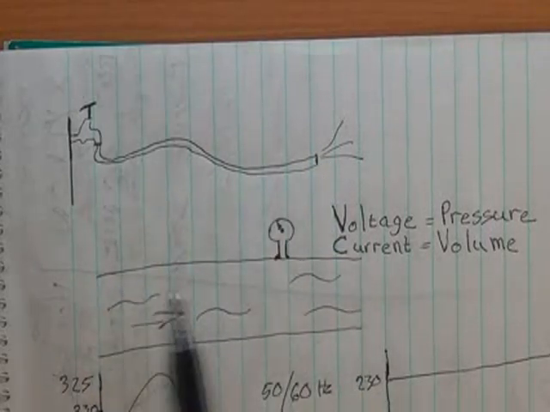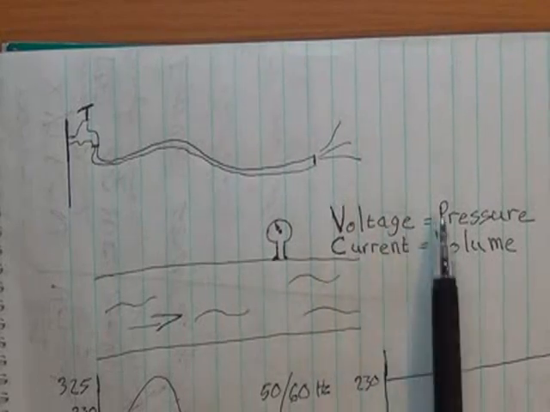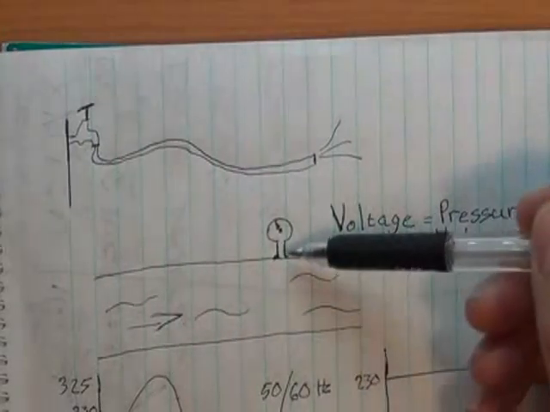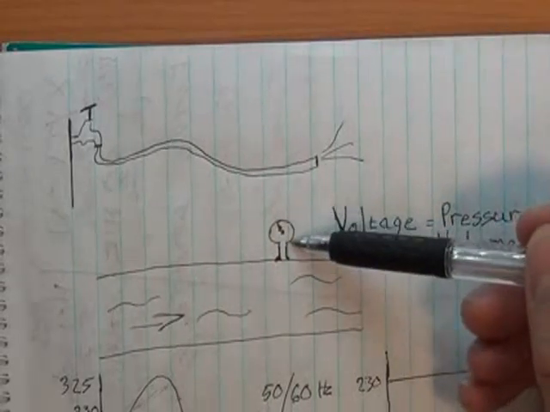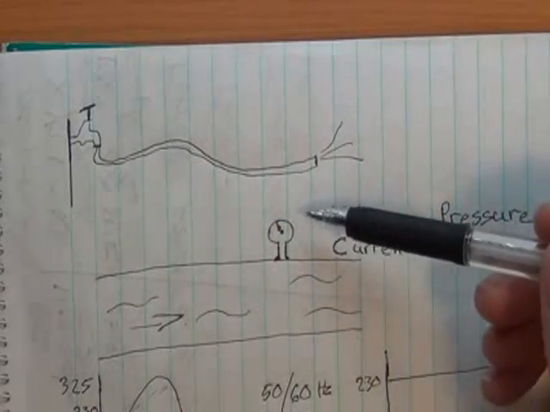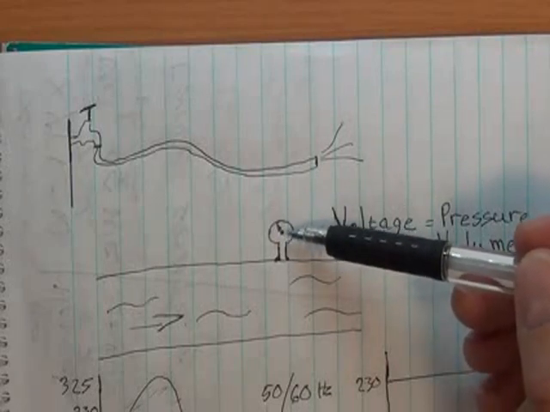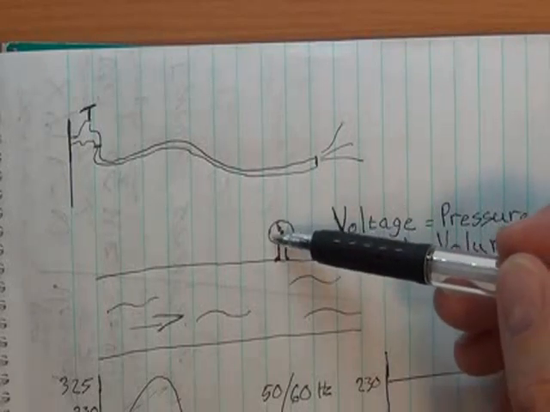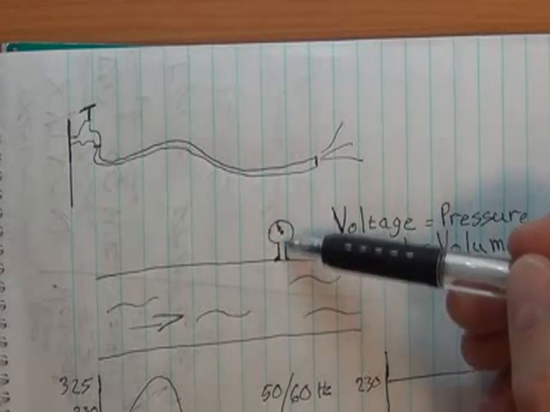You have pressure pushing the water out, and that we regard as voltage. And I said it's like tapping in a little hole in the pipe and putting a pressure gauge in there. You can, relatively speaking, with a few caveats, actually fairly safely take high voltage readings because you're just tapping in through a little hole.